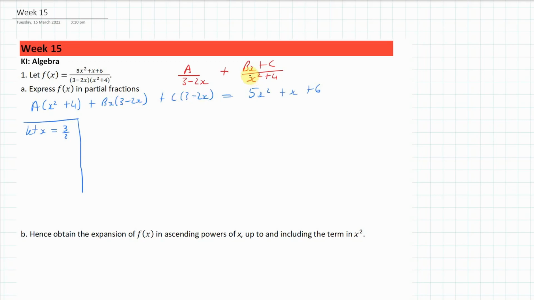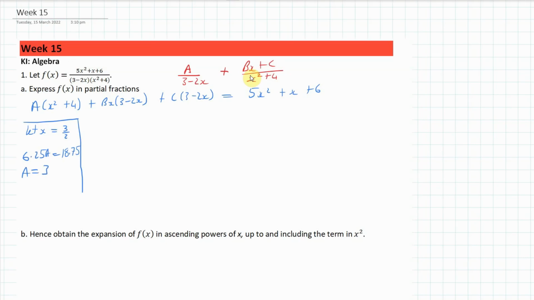So then I'll get 3 over 2 squared plus 4 times a, which happens to be 6.25a. And then I put in the 3 over 2 for all of the x values there, and I get 18.75. And therefore a is equal to 3.